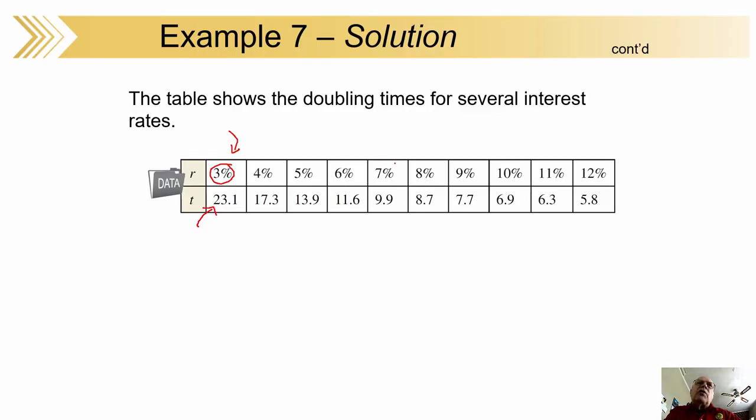However, if you go to the bank further downtown that offers 7%, you'll only have to wait 9.9 years for your money to double. Or go to the next town where they're offering 12%, you'll only have to wait 5.8 years until your money doubles.